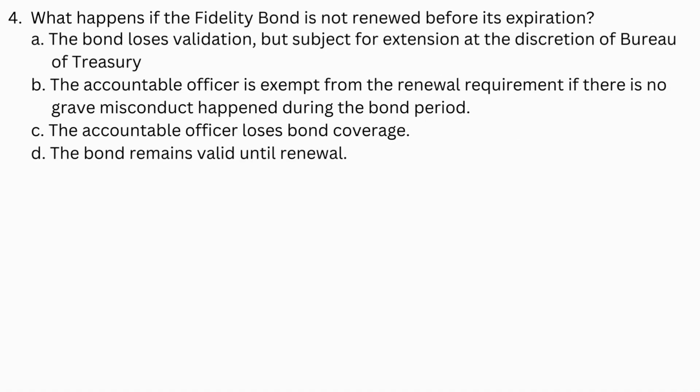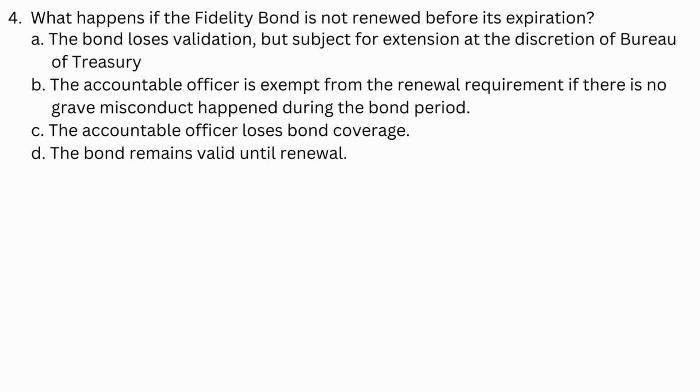Number 4. What happens if the fidelity bond is not renewed before its expiration? A. The bond loses validation, but subject for extension at the discretion of Bureau of Treasury. B. The accountable officer is exempt from the renewal requirement if no grave misconduct happened during the bond period. C. The accountable officer loses bond coverage.